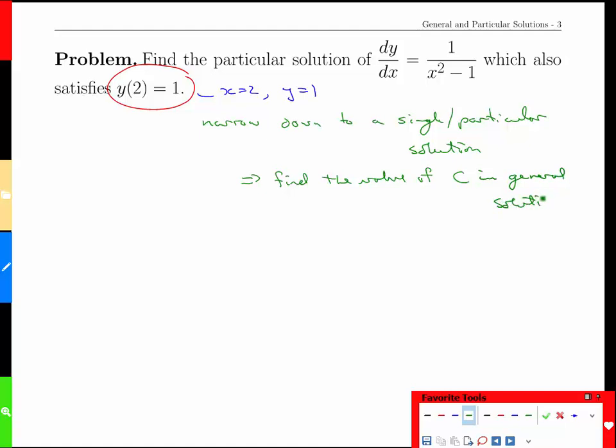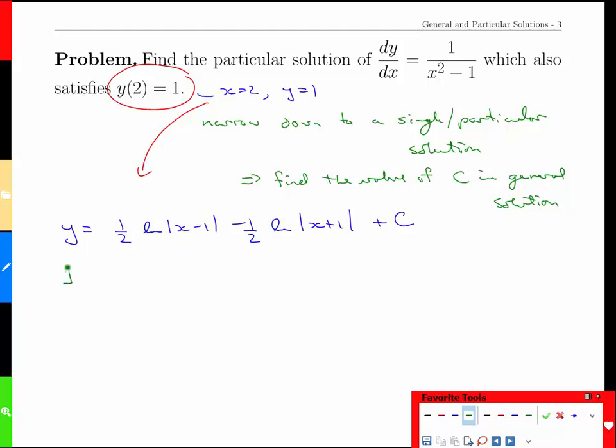If we could pick c however we wanted, then there'd be lots of choices for functions, but if we have to go through this one point, there's probably only one choice that'll work. So we include our values here from before, the general solution, which had a -1/2 ln of x plus 1 plus c. Then we simply take the values that we know we have to satisfy and use those in our equation.